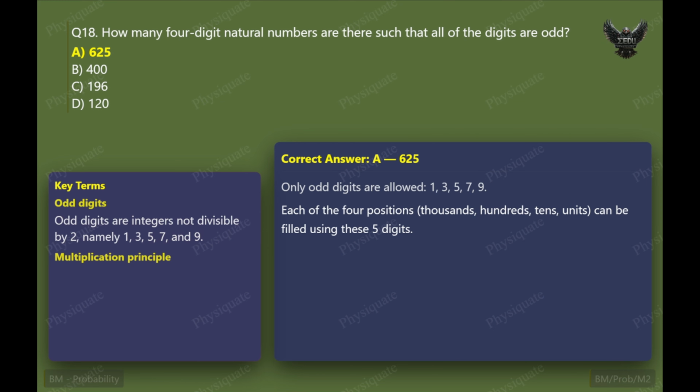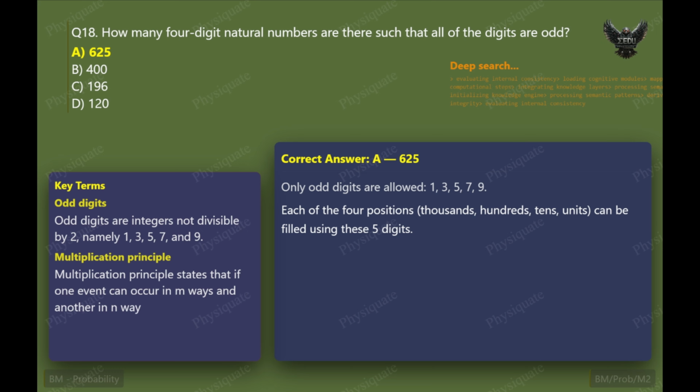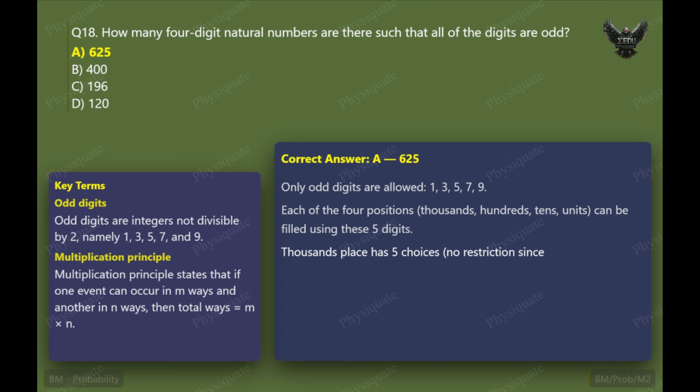Let us examine multiplication principle. Multiplication principle states that if one event can occur in m ways and another in n ways, then total ways equals m times n. Thousands place has 5 choices, no restriction since 0 is not involved.